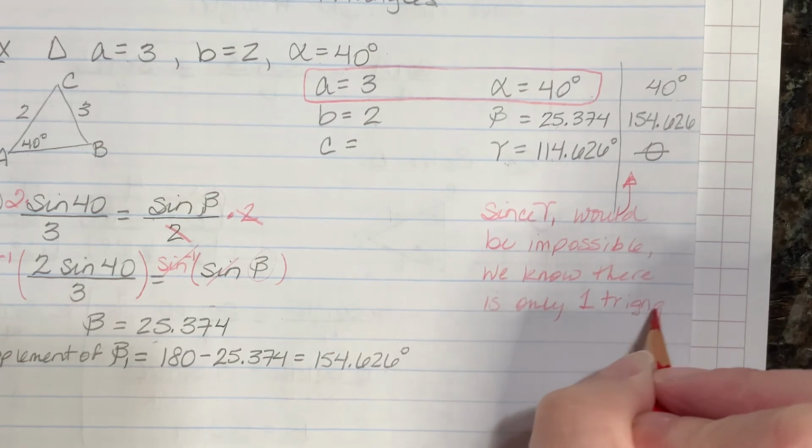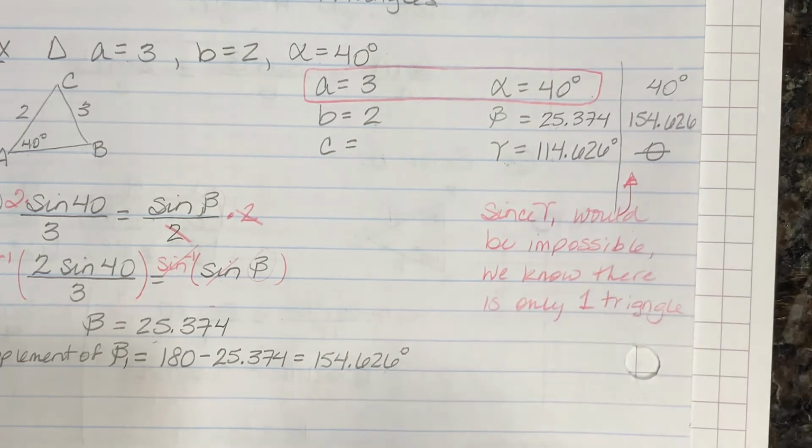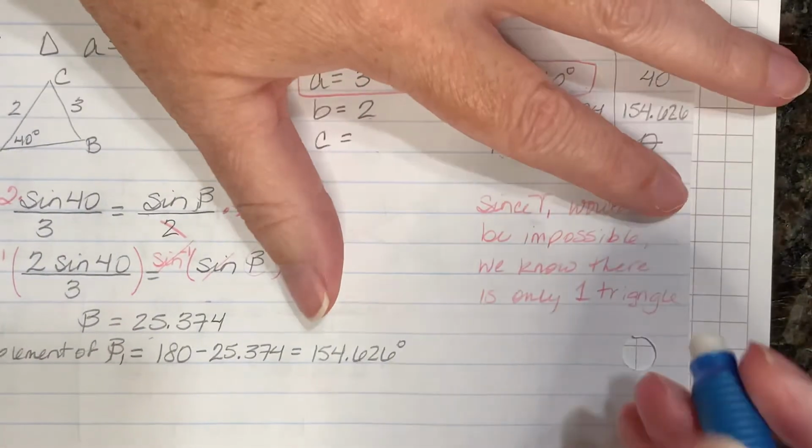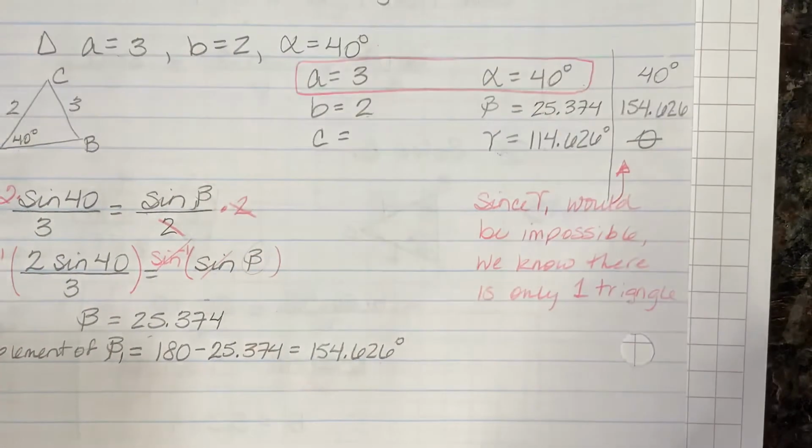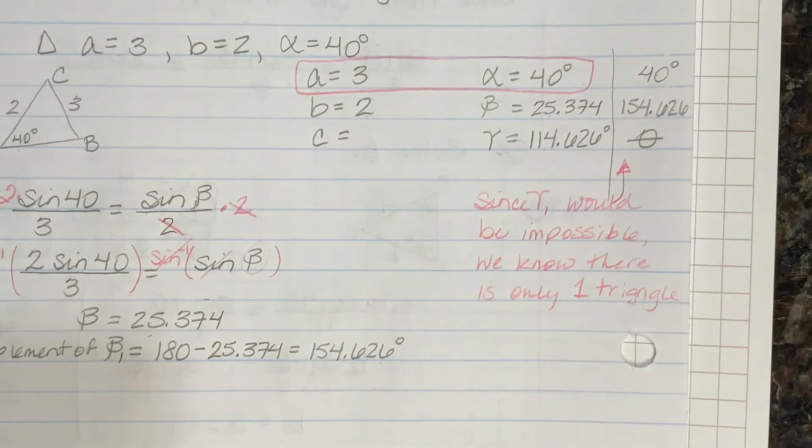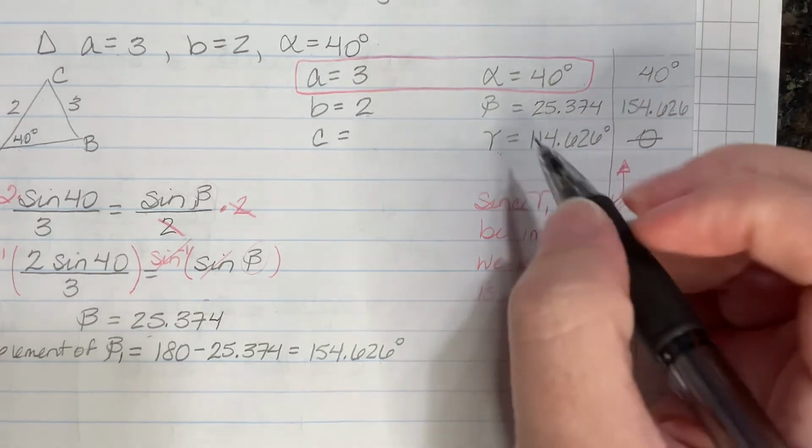Cannot spell triangle. So that's how we know if we have one triangle, two triangles, or no triangle. In this case, we have one exact triangle. We've already got the angles figured out.